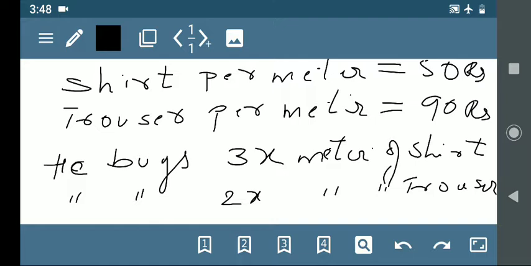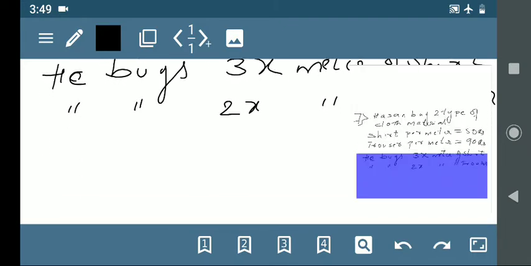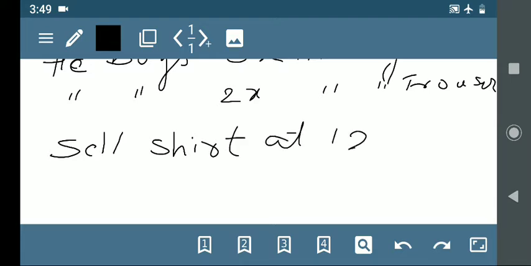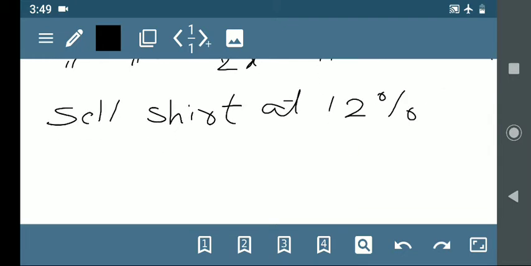So he sells the shirt at 12% and pant at 10% profit respectively. Sell shirt at 12%. What is the cost per meter?